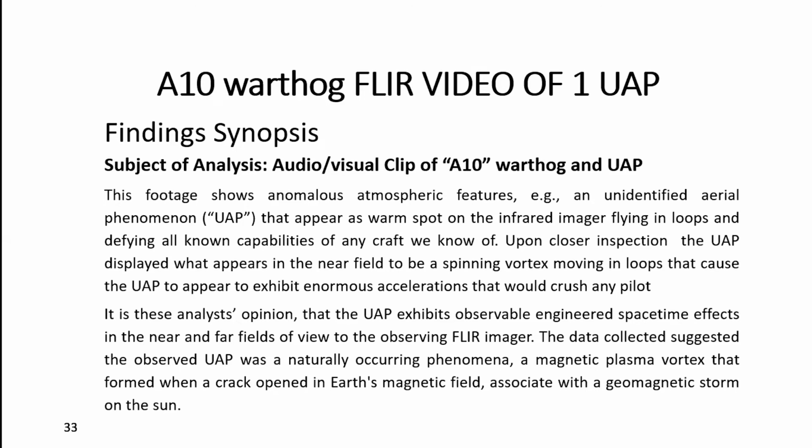It's our opinion that the UAP exhibits observable engineered space-time effects in the near and far field of viewing to the observing FLIR imager. The data collected suggests that the observed UAP was a naturally occurring phenomenon, however: a magnetic plasma vortex that formed when a crack opened up in the Earth's magnetic field associated with a geomagnetic storm on the sun.